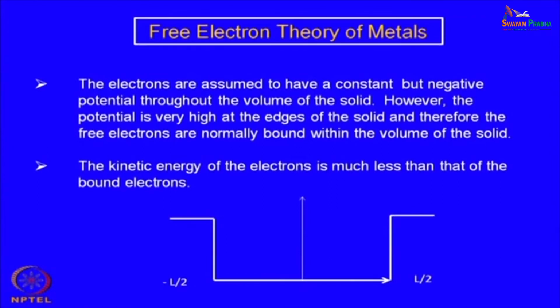So, it is assumed that there is a very high potential energy barrier, and this is actually a negative potential, but a flat potential. Throughout the volume of the solid, it has a constant potential, that is one of the basic assumptions of the free electron theory.